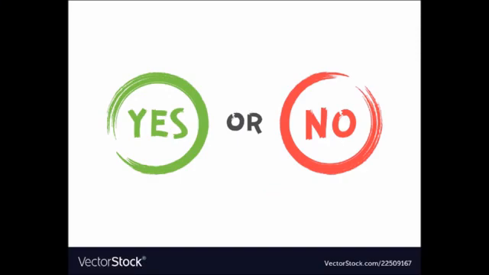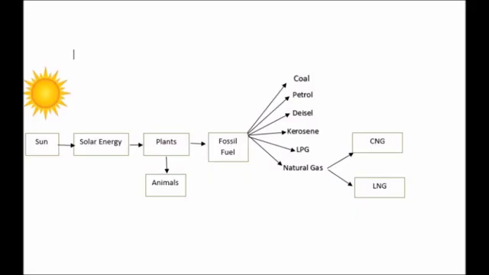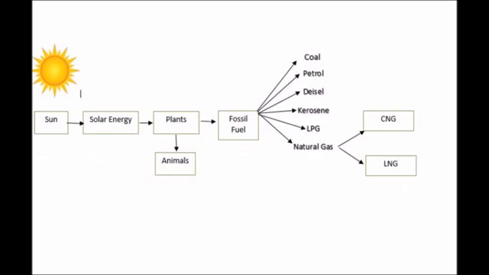Why? Because now you just look into the flow chart which I have shown here and understand, children. From the sun, using solar energy, the plants prepare food by the process of photosynthesis, and this food is used by the plants as well as the animals.